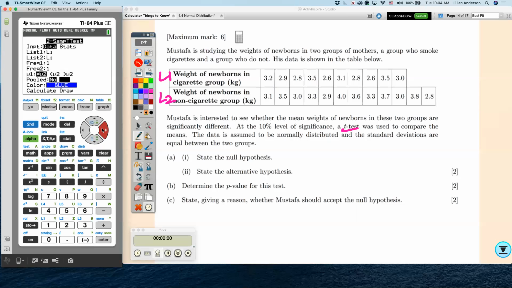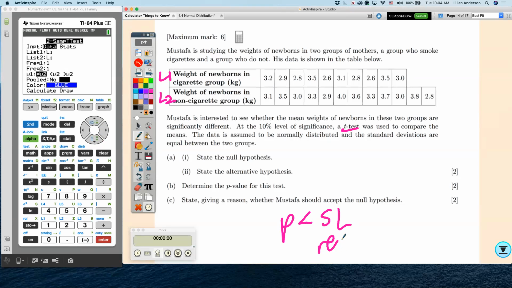So that's maybe something you want to add. Pooled should be yes for your t-test. Remember, if the p-value is less than the significance level, you reject. That's standard across the board for chi-squared and t-test.